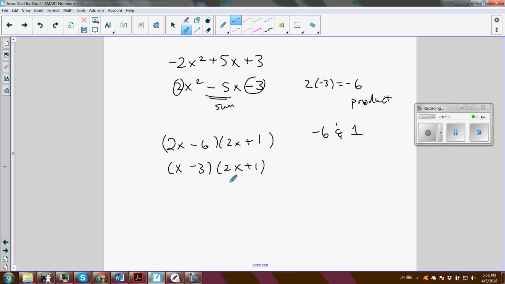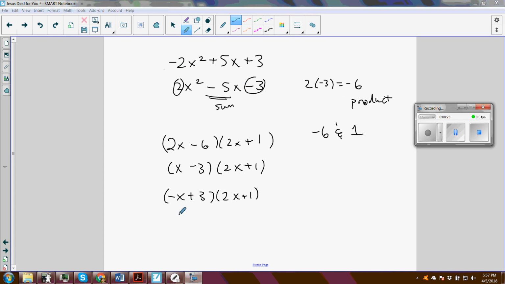Now notice this does not multiply to this because it's actually the opposite. So what you can do to fix that, we multiplied by negative 1 at the beginning. So let's multiply one of these two factors by negative 1. So just turn one of them into the opposite of what it is to make up for the fact that we multiplied through by negative 1 to begin with.